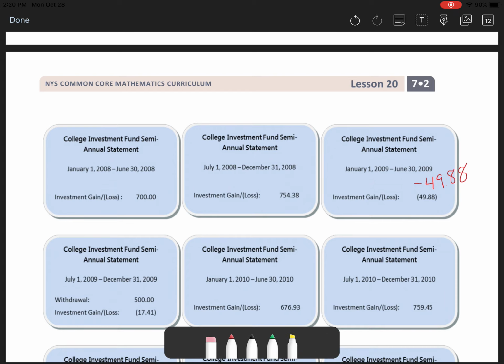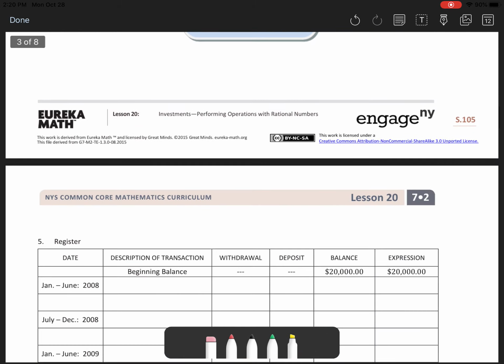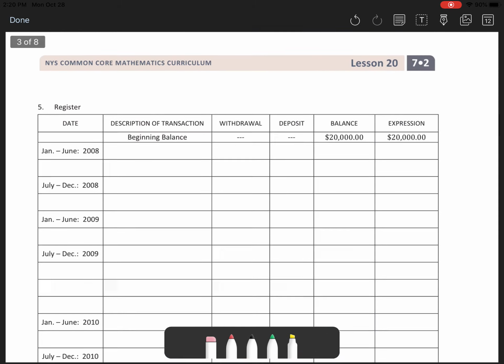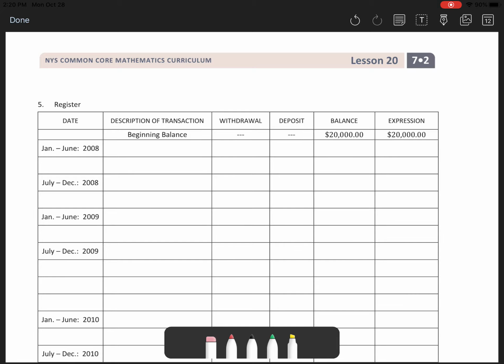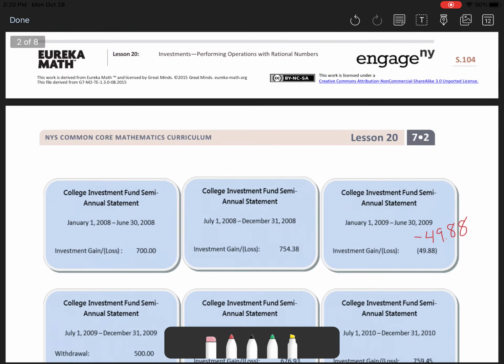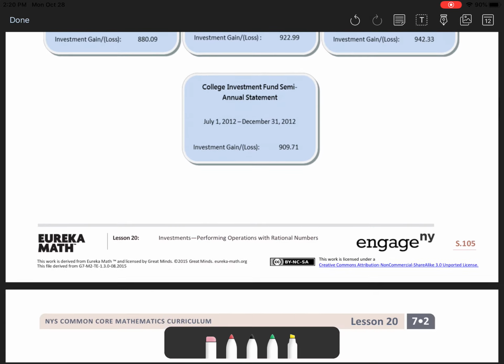So what we're going to do is fill out our transaction statement like we've done before. So let's look at our first one right here. A college investment fund semi-annual statement. From this time, we gained $700.